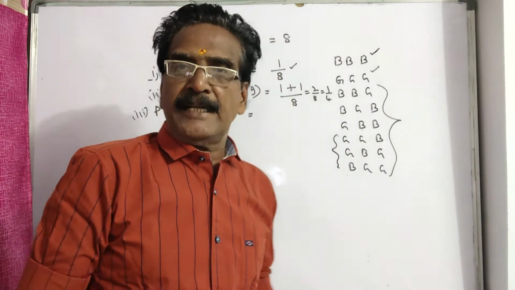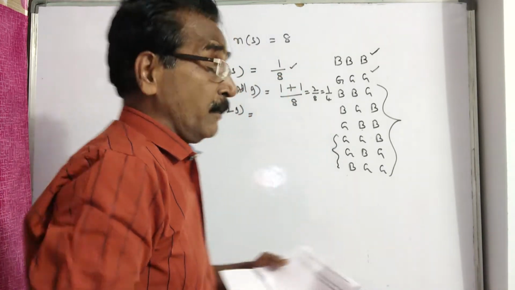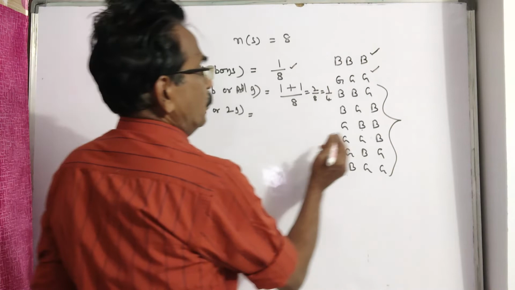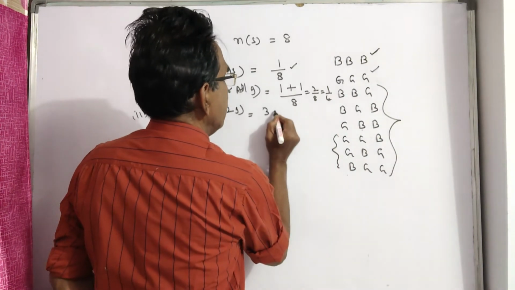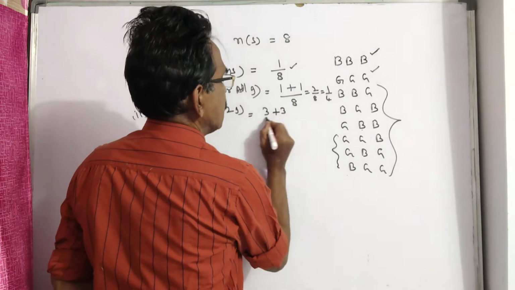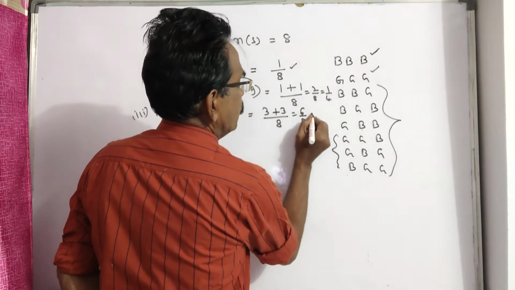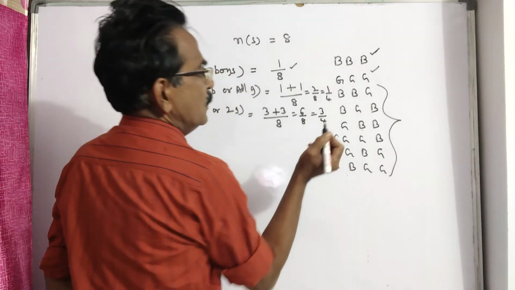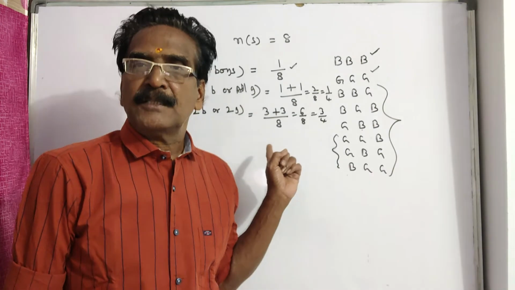So there are exactly 2 girls. So now the favorable outcomes: 3 plus 3, 6 outcomes. Of course, total number of outcomes 8. 6 by 8, 2 3s are 6, 2 4s are 8. So 3 by 4 is the required probability.